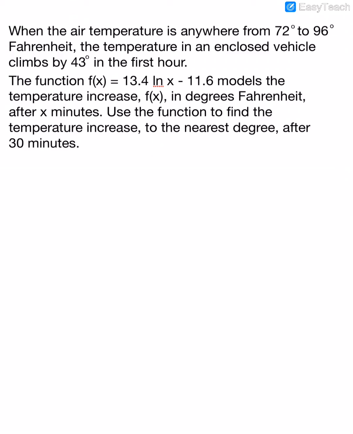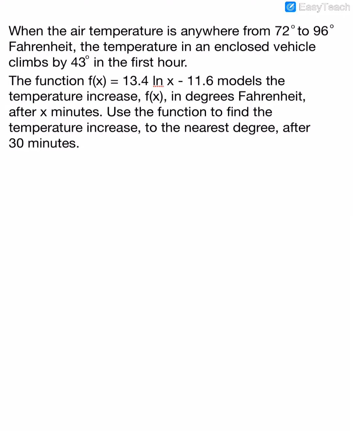All right, so when the air temperature is anywhere from 72 to 96 degrees Fahrenheit, the temperature in an enclosed vehicle climbs by 43 degrees in the first hour. The function f of x is equal to 13.4 ln of x minus 11.6 models the temperature increase f of x in degrees Fahrenheit after x minutes. Use the function to find the temperature increase to the nearest degree after 30 minutes.